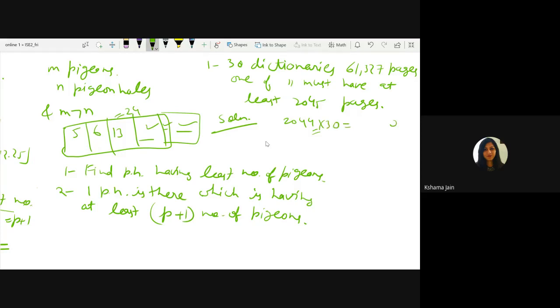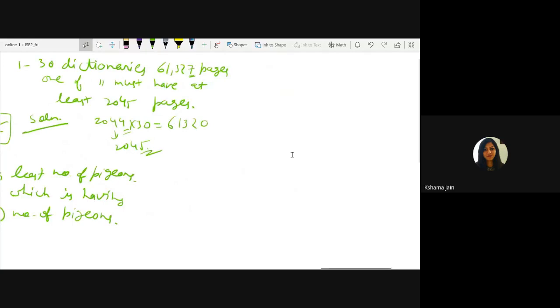How much is it? Okay. So here 61,320 are distributed evenly. Now the remaining 7 pages you will be distributing among the 30 dictionaries. So ultimately you will be taking one number more. That's it actually. That's why I'm taking this pigeonhole principle.